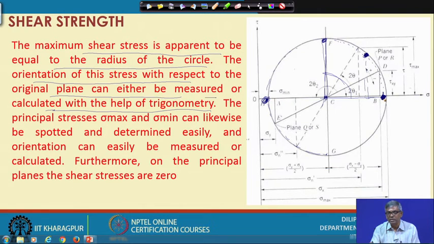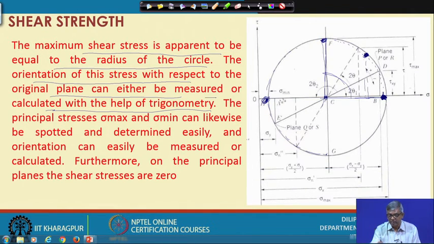At this point you can see, since on the x axis there is no shear value, the plane on which the maximum normal stress is occurring has no shear stress. So, that is a check: if you get maximum normal stress on that plane, you will not have any shear stress, whereas on the plane where you get maximum shear stress, there will be some normal stress value.